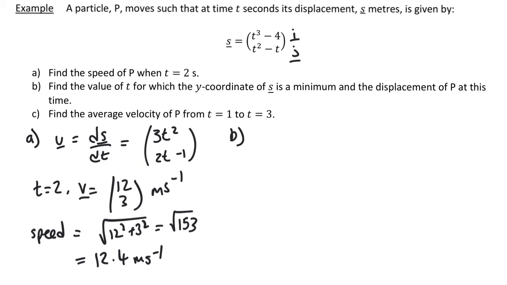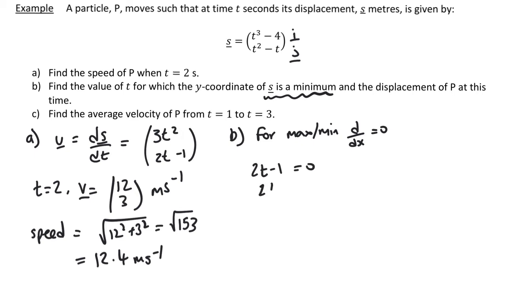So we want the y coordinate or the j component to be a minimum, so we're going to have to differentiate that, so we differentiate the s equation. Now we've already done that to get 2t minus 1, and then for max or min we want the derivative to equal 0, so that means 2t minus 1 is 0, 2t equals 1, t is going to equal a half.